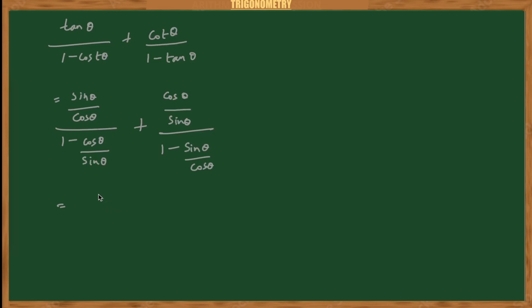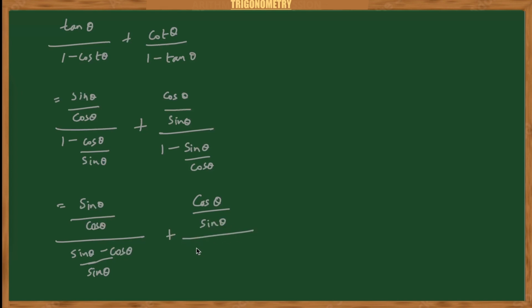So sine theta divided by cos theta. Then we can take the LCM. LCM is sin theta, so it becomes sin theta minus cos theta. Plus, let's keep this same, cos theta divided by sin theta. If you can see, all are expressed in terms of sin and cos.